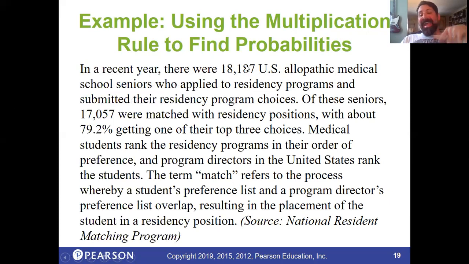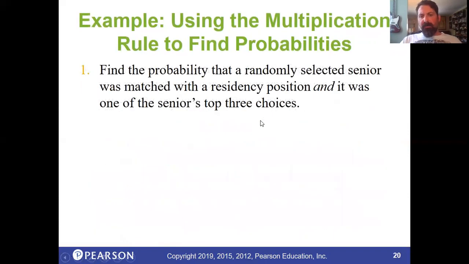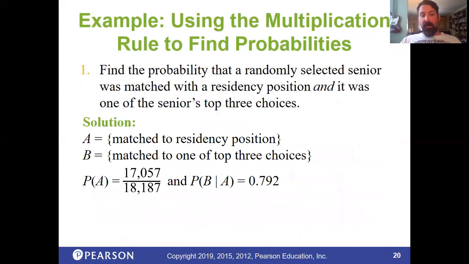And they want to know, and they got one of their top three choices. So then we'll have to have the probability they got one of their top three choices given they were matched. This probability is already the probability that they got their top three given they were matched. So this problem, as long as it was to read, is actually really quick to do.